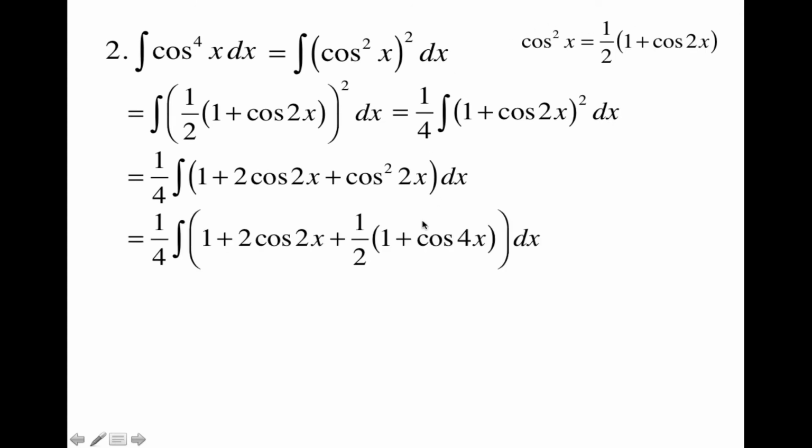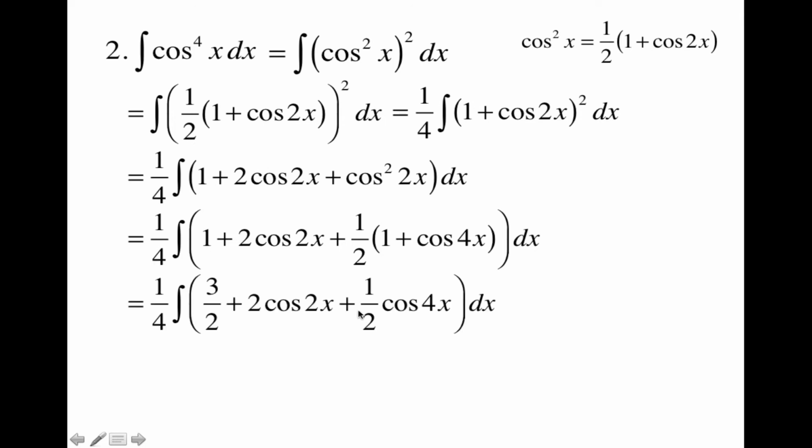So I now get 1/4 times the integral of 1 plus 2 cosine 2x plus 1/2 times the quantity 1 plus cosine 4x dx. Now I'm going to distribute this 1/2 through, and at the same time combine this 1/2 with this 1, which gives me the 3/2, and then everything else is the same. Now I can integrate each term individually.